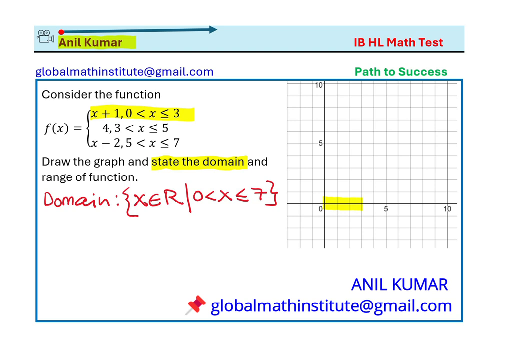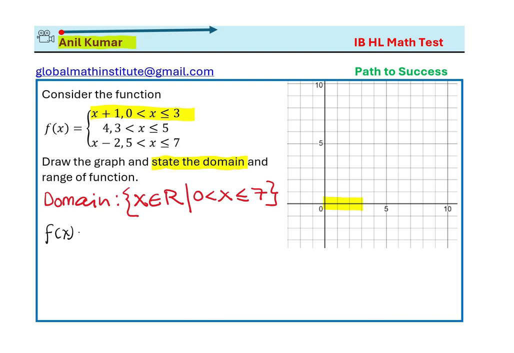So the function f of x in this piece is equal to x plus 1. Simple as that. It is a straight line where the y-intercept is 1 and it increases by 1 each time. So you can start with 1. So let me sketch it. Since at 0, the point 0 is not included, we'll have to draw a hole here.